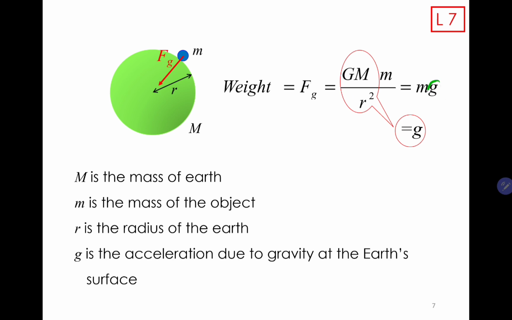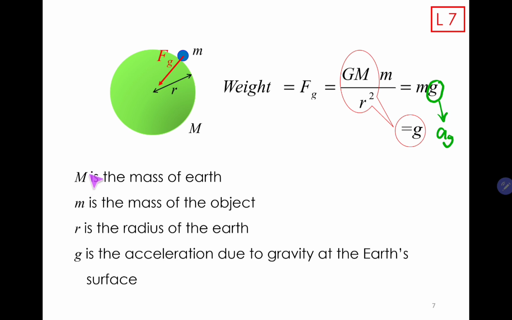Remember Ag and g are equal. Some books take it as g, some books take it as Ag. So by knowing Ag, we may calculate the weight of the object, which equals mg.